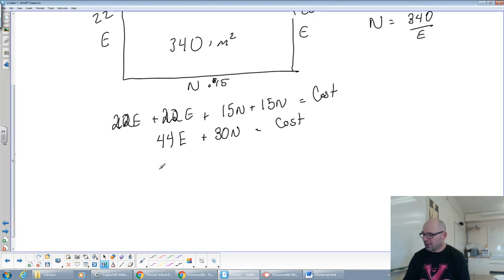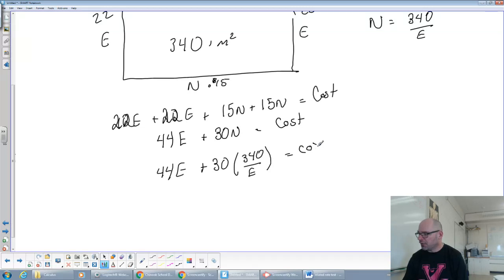So 44E plus 30 times 340 over E is going to equal the cost that we're trying to minimize. So we've got to take a calculator out, do 340 times 30.